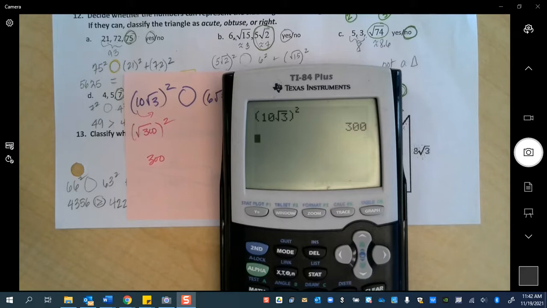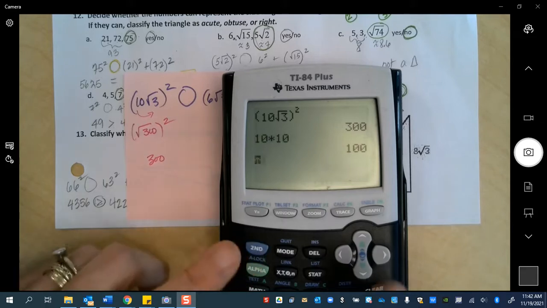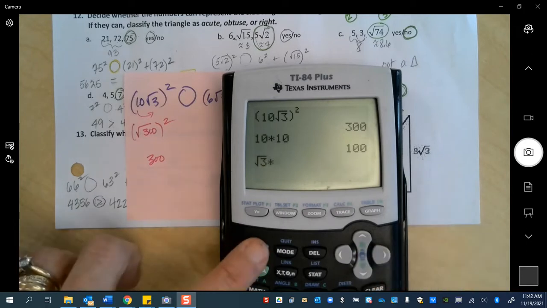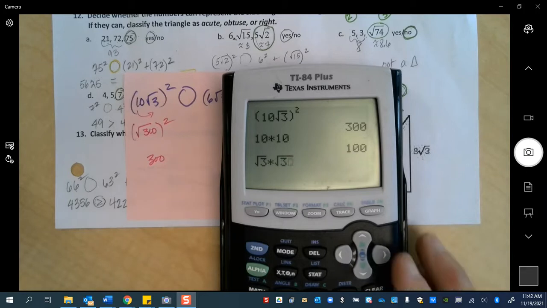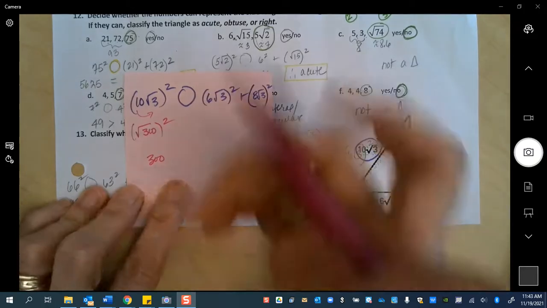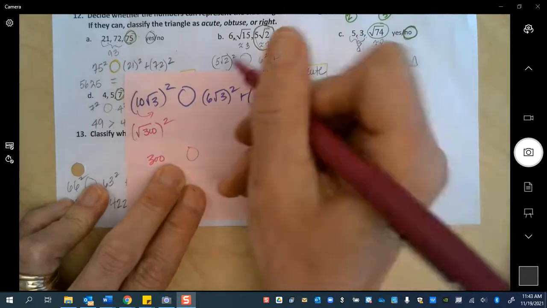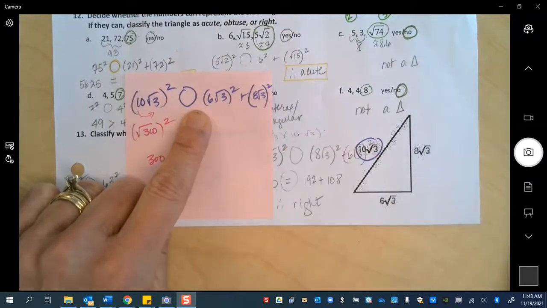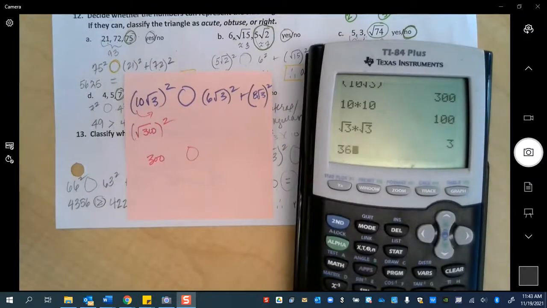The next approach is 10 times 10 is 100. Root 3 times the square root of 3 is equal to 3. 10 times 3 is 300. So whatever way makes sense to you, that's what we need to do. So you're comparing that to, if I follow this logic, 6 goes back in as 36. 36 times 3.